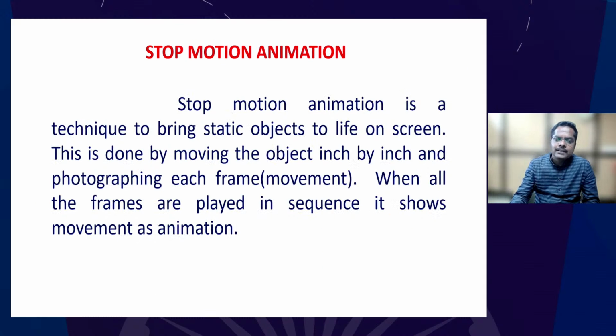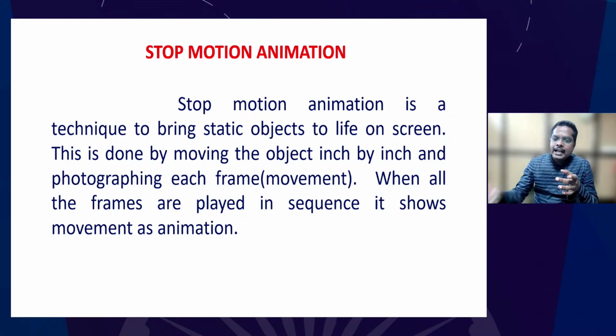Now let's learn what stop motion animation is. It is a technique to bring static objects to life on screen by moving the object inch by inch. It's very similar to the example I gave of clapping the hands.